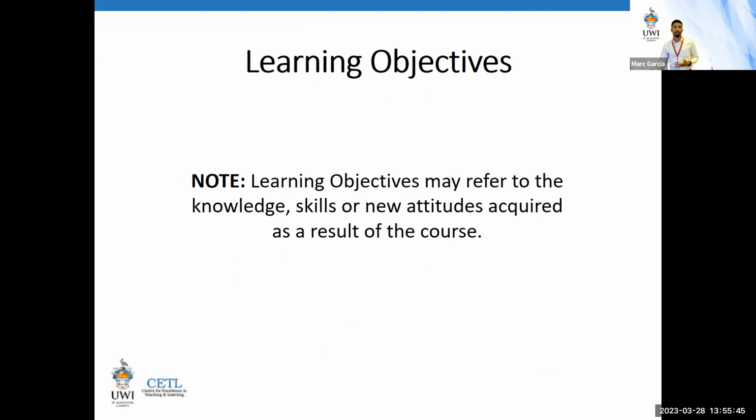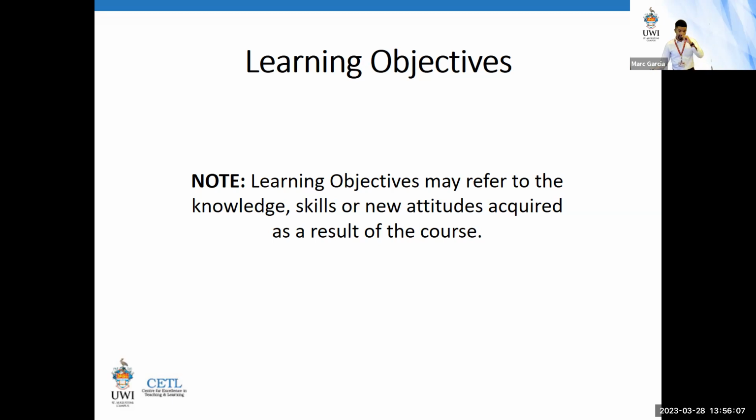Now, this brought us to learning objectives or learning outcomes. The learning objectives, in a nutshell, are really what knowledge, skills, and attitudes you want students to acquire or develop when they have completed your course or program. All right.